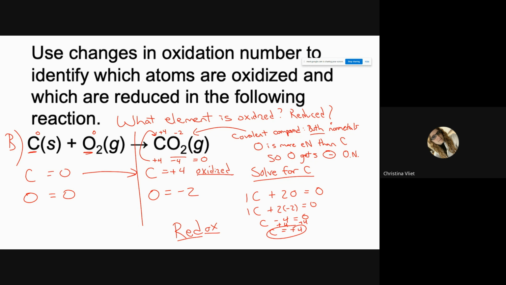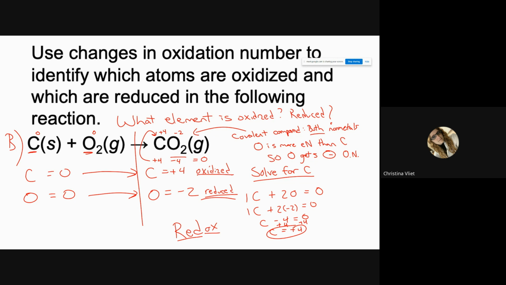So what is this element? Is it oxidized or reduced? If its charge goes from 0 to -2, what does that state? Reduction, definitely. That element's reduced, and this is a reduction. It's oxygen that's reduced and carbon that's oxidized.